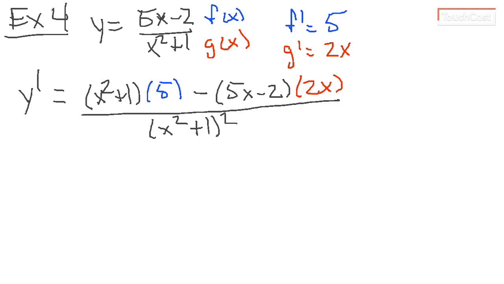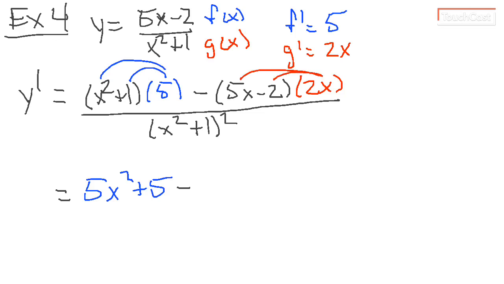So now let's clean things up. If we look simply just in the numerator for now, we can distribute this 5 to the x squared plus 1. We're going to end up with 5x squared plus 5 minus, now we can also distribute this 2x to 5x minus 2.